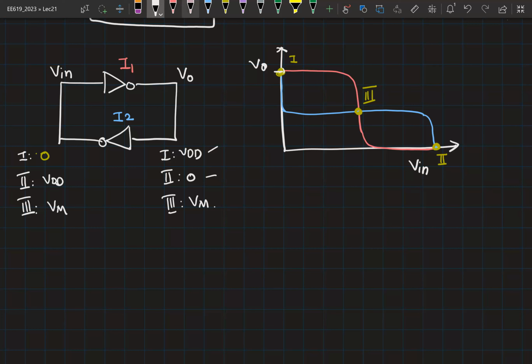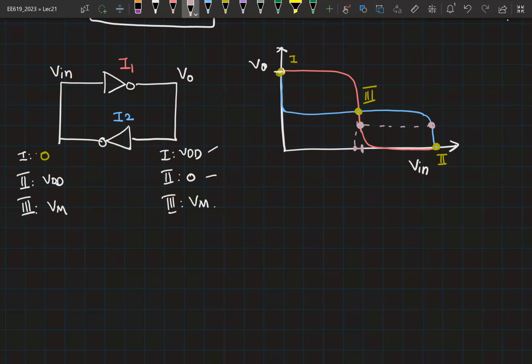For example, let's say that this was the original midpoint voltage and I shift it slightly to this new value. Corresponding to that, you are now at this location in the curve. The input has increased and the output has slightly decreased. Correct?